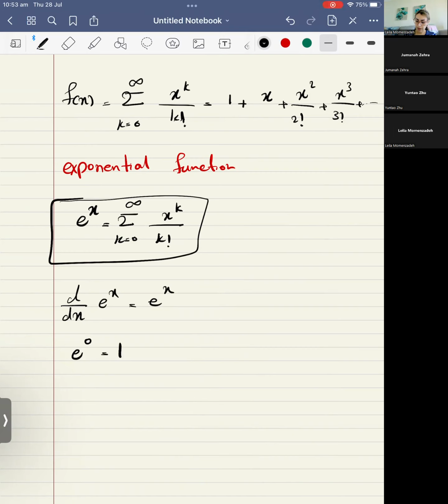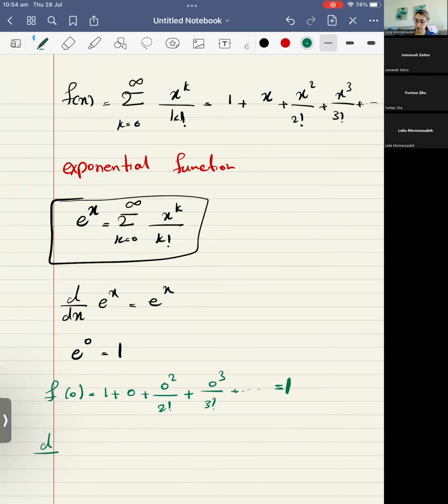And as you can see here, if I write f of 0, you have 1 plus 0 plus 0 squared over 2 factorial plus 0 cubed over 3 factorial and so on, which is equal to 1.